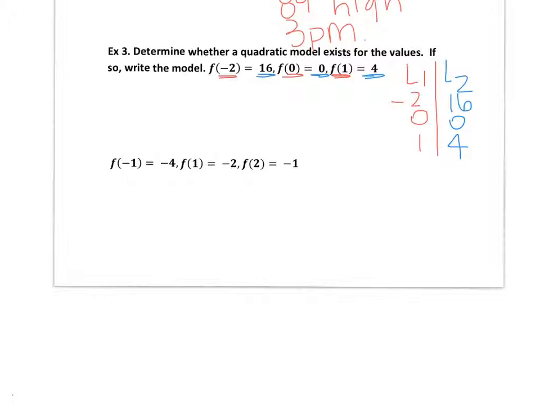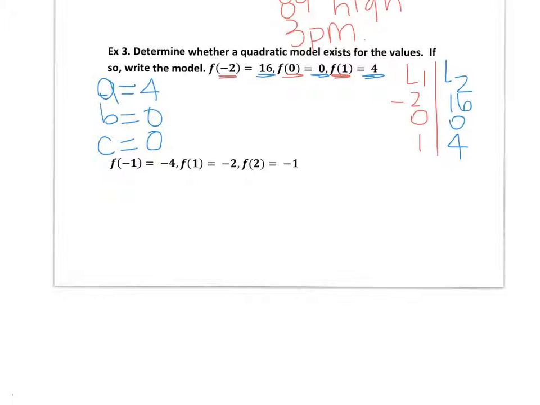And calculate. Now, the key here is if you get a value for A, which is our squared term, which is what makes it a quadratic, then a quadratic model exists. So when you do this and you get your values, you get A to equal 4, B to equal 0, and C to equal 0, even though it looks a little crazy.